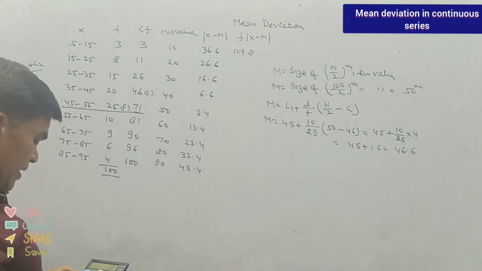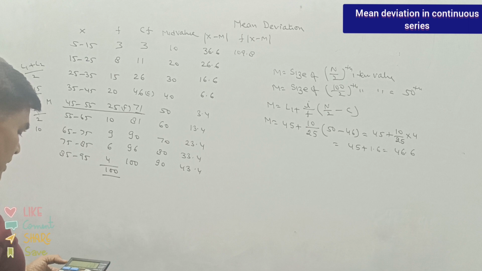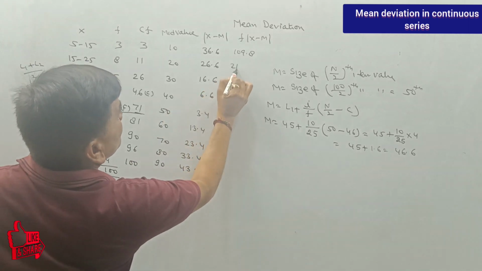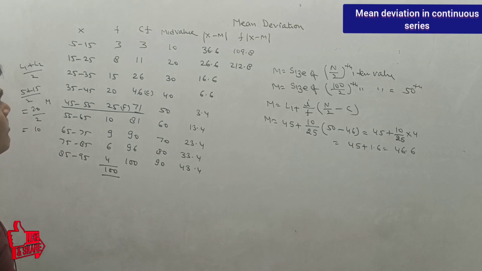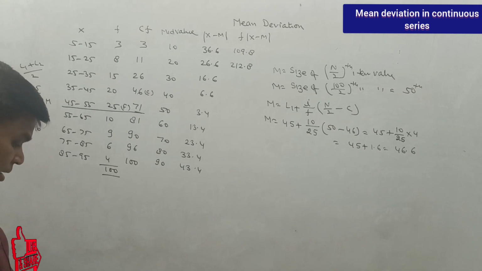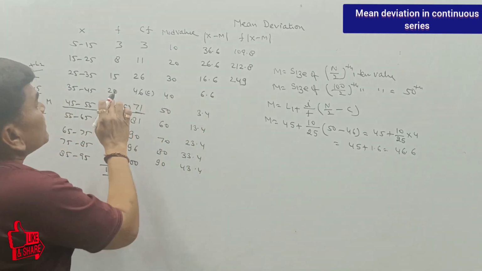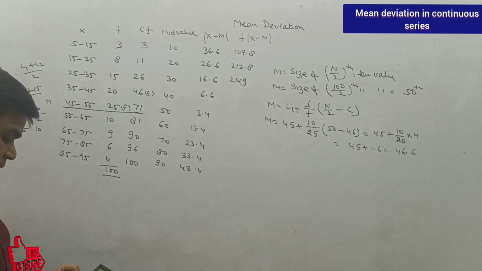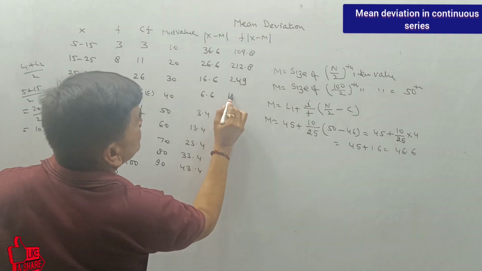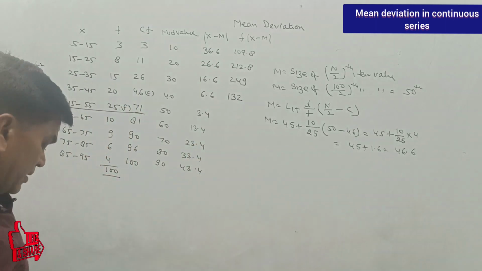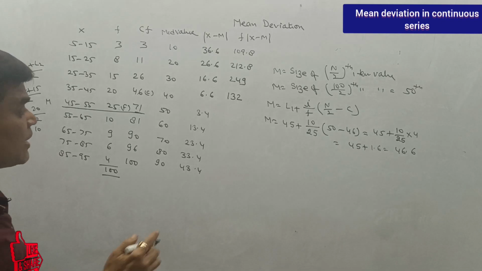The second value, 26.6, multiplied by 8 is 212.8. 16.6 multiplied by 15 is 249. 6.6 multiplied by 20 is 132. Next, 3.4 multiplied by 25 is 85.